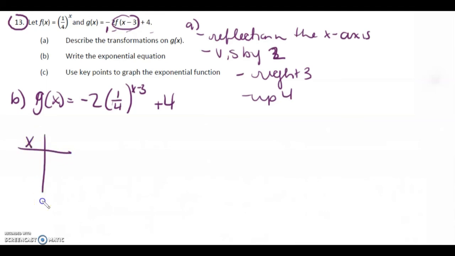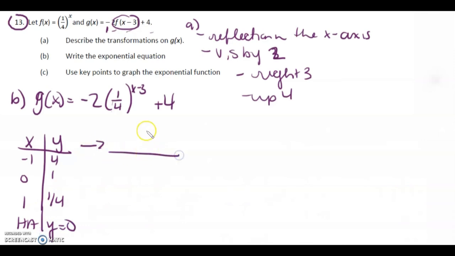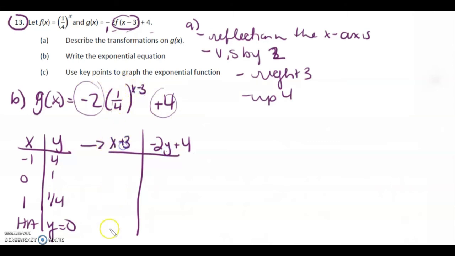Okay, the mapping would originate from the function (1/4)^x. So I would get 4, it's not 0. I do that every time. 1/4, and then the horizontal asymptote is at y equals 0. Our mapping notation would be -2y plus 4. That's the easiest, it's the front and the back on the y's. Now we're going to the right 3, so x plus 3.